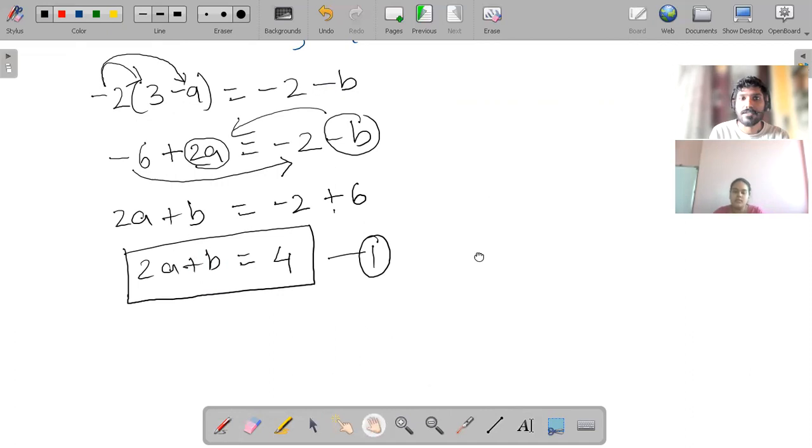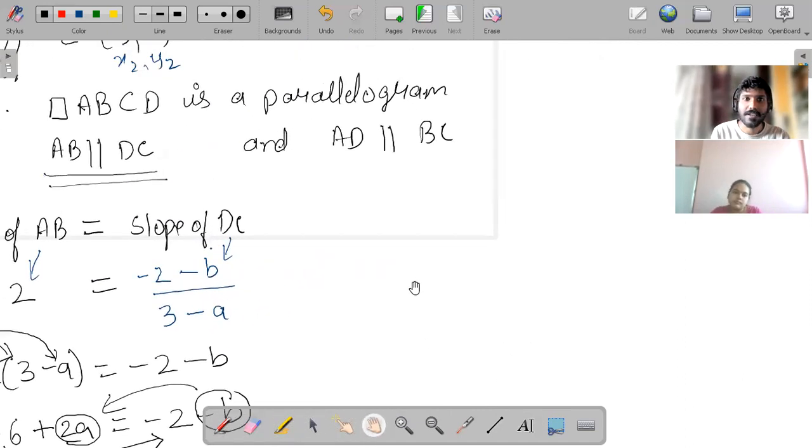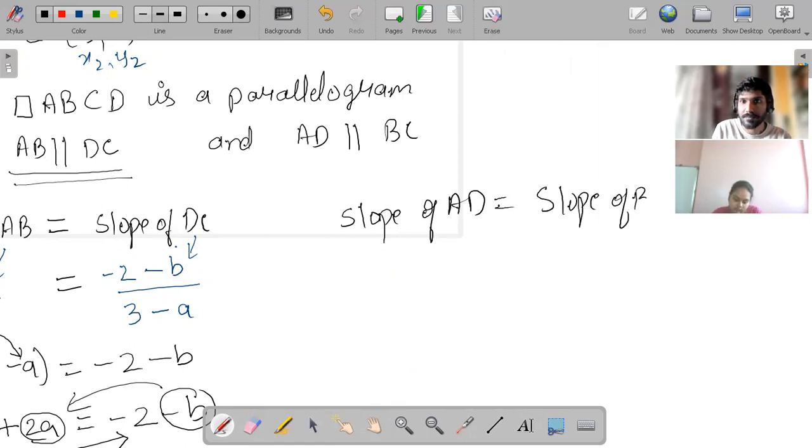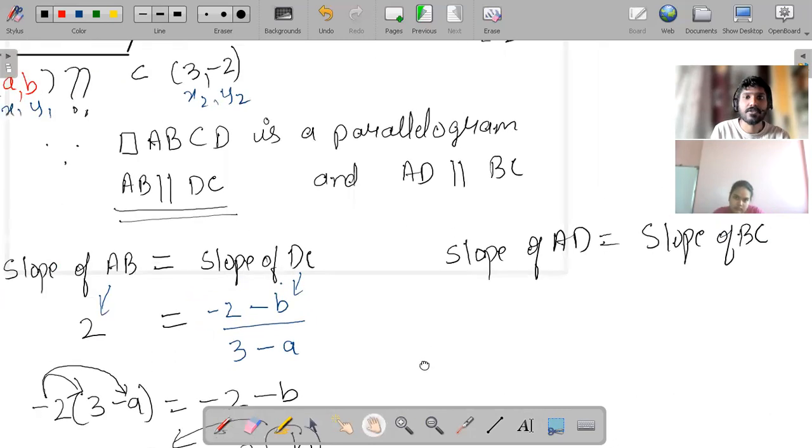Now let's move on to the second one, AD parallel to BC. Since AD is parallel to BC, slope of AD should be equal to slope of BC. Now let's find out slope of AD.